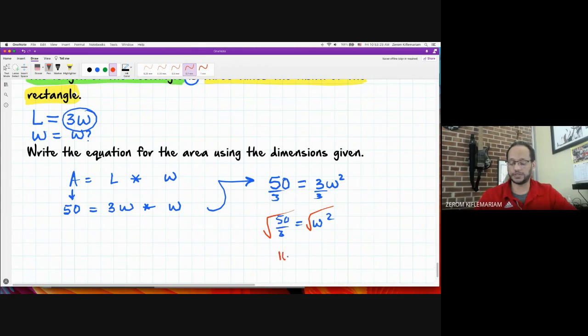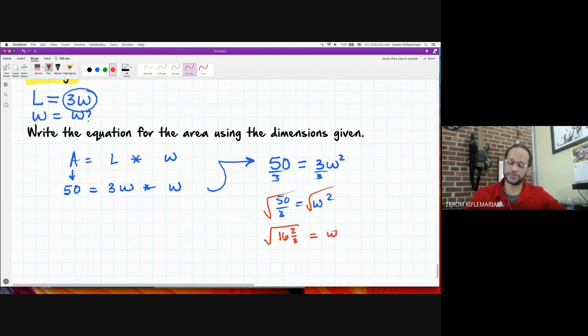It is equal to W squared. So the square root of that will be 4 point something. The square root of 16 would be 4. Since it's a little bit more, it would be 4 point something.